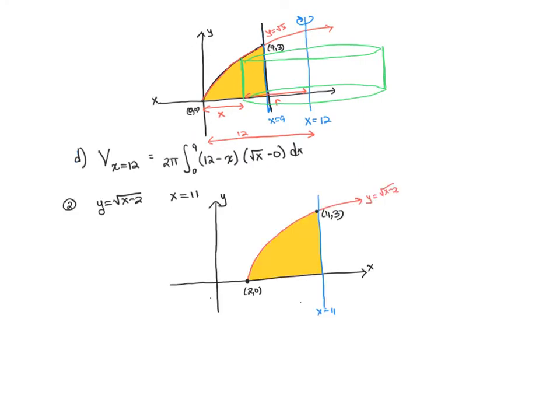Okay, so we looked at the scenario when the axis of revolution is on the right of the region. We looked at the scenario when the axis of revolution is on the left of the region. What would happen if the axis of revolution is somewhere between the region and the y-axis?